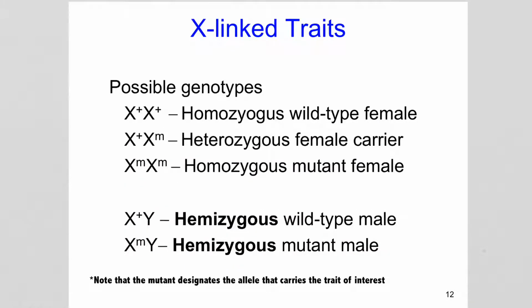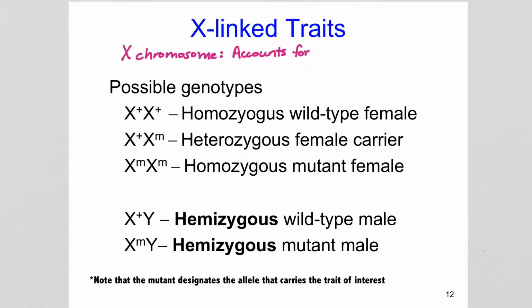So we refer to disorders that are inherited based on genes present on the X chromosome as X-linked traits or disorders. Our X chromosome, because it's much larger and contains overall more genes than our Y chromosome, is responsible for most of these conditions.